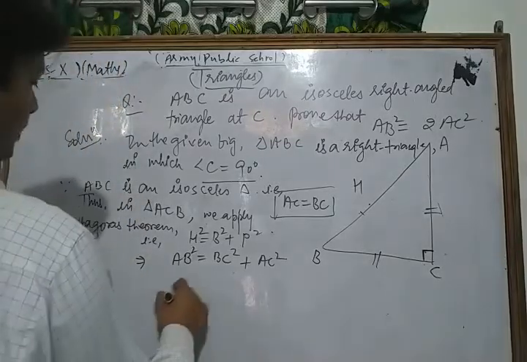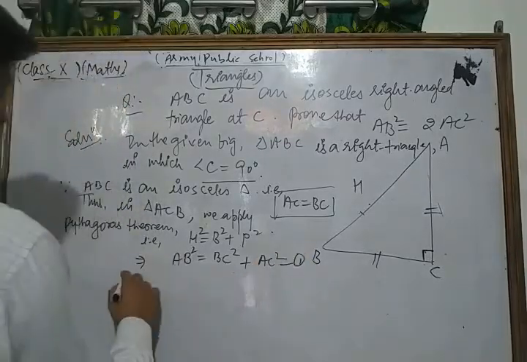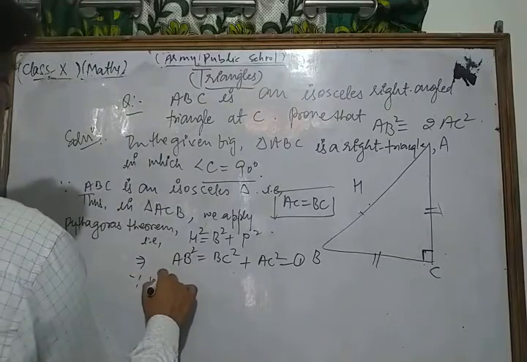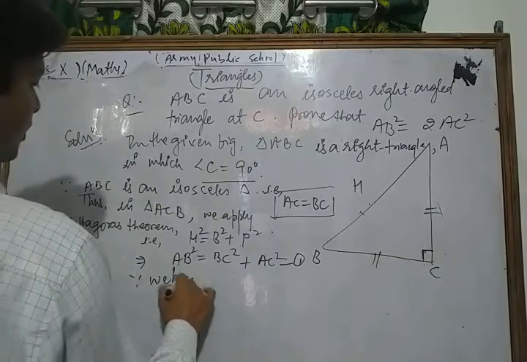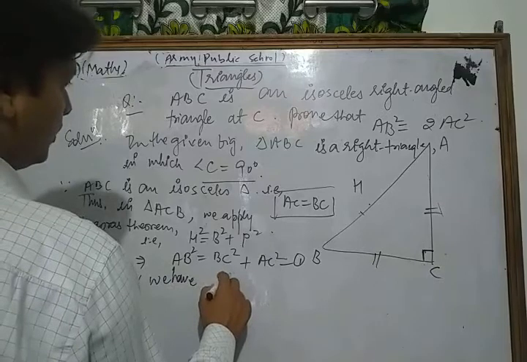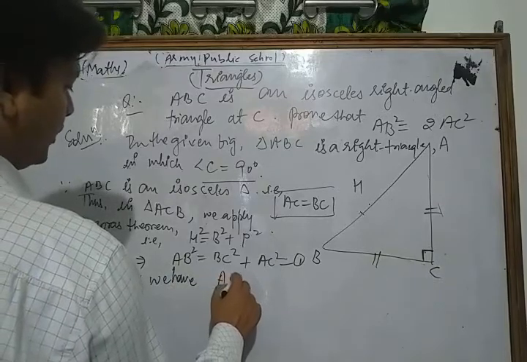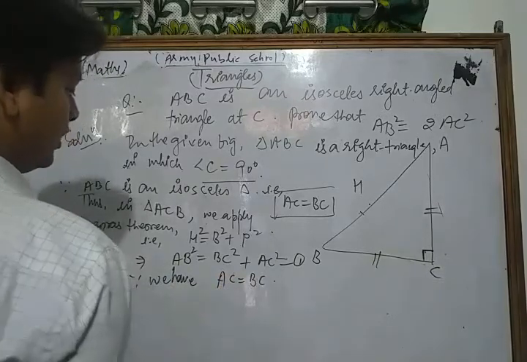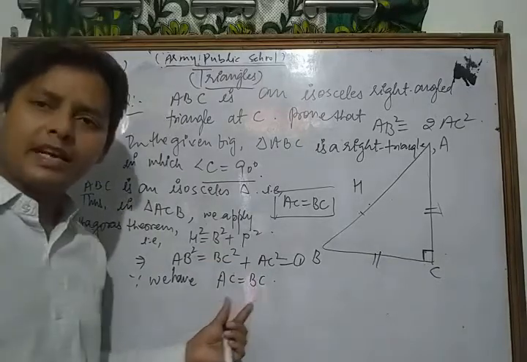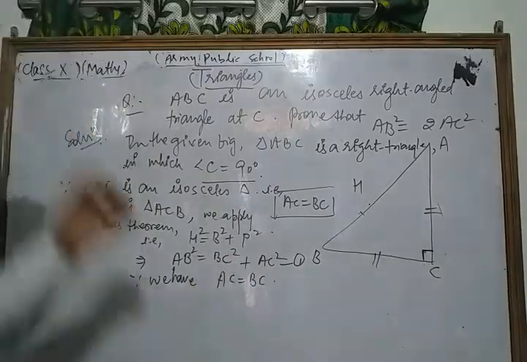Now we take equation number 1. Since AC is equal to BC, we put the value of BC as AC in equation 1.